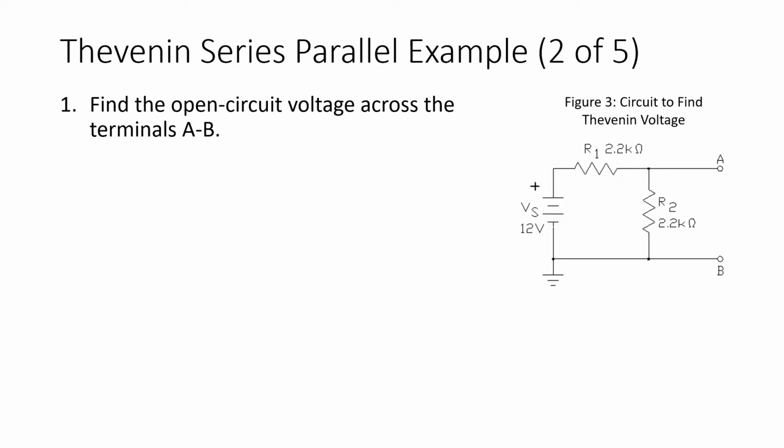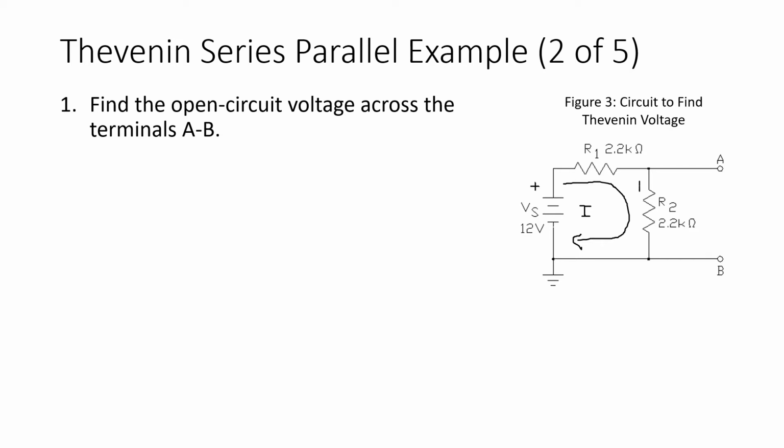So, step 1 is to find the open circuit voltage across the terminals A and B. Now note, with the terminals A and B opened, there's only one path for current in this circuit, that the source voltage only sees resistor R1 and R2 in series.